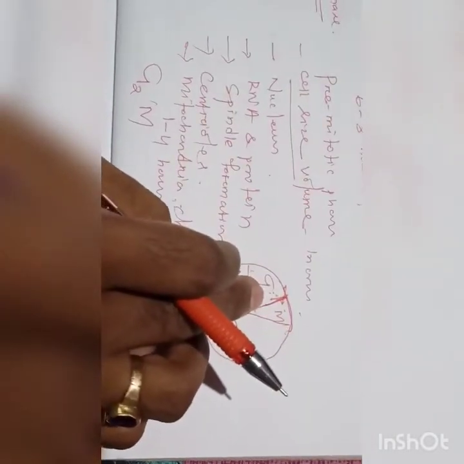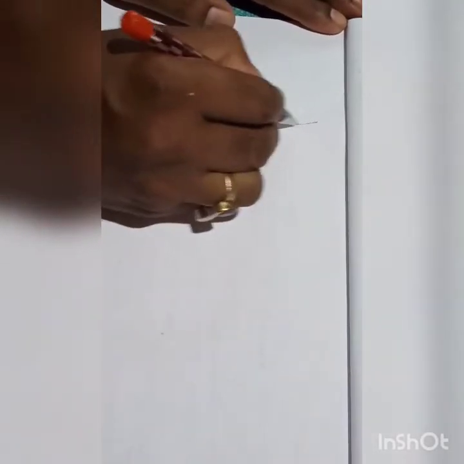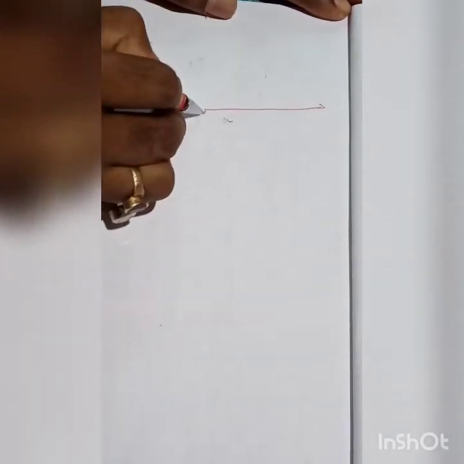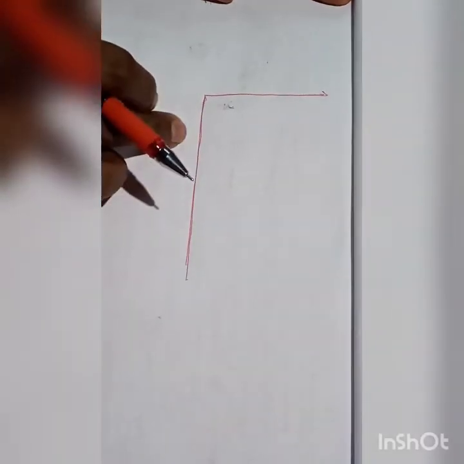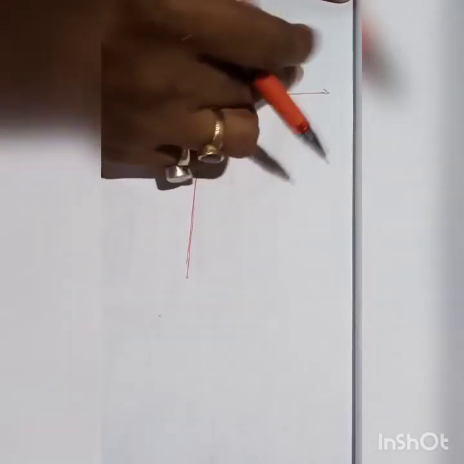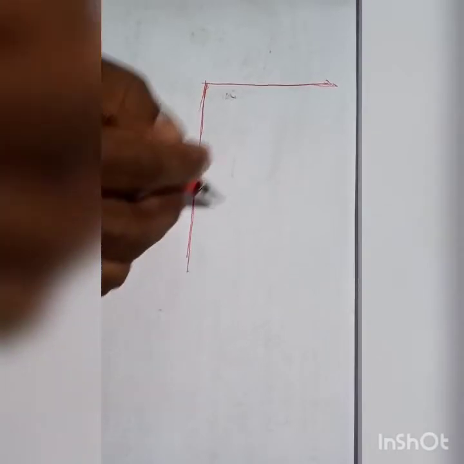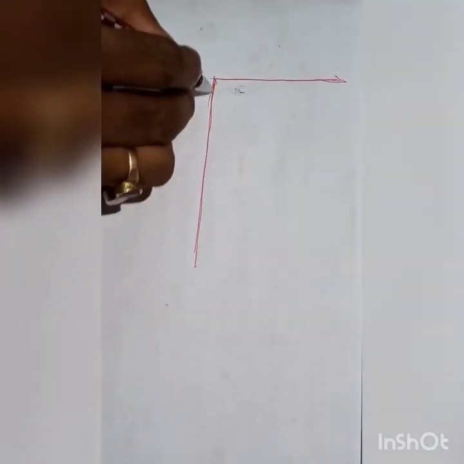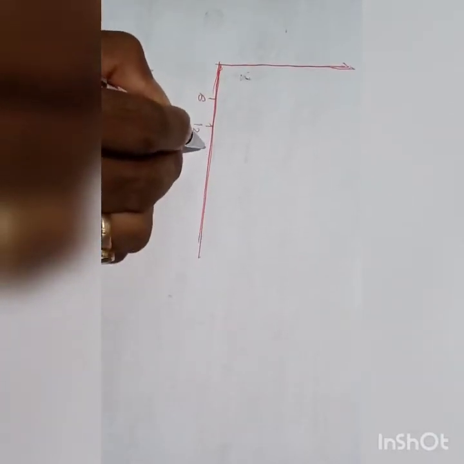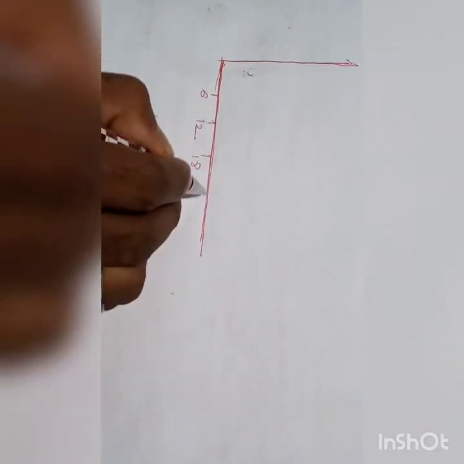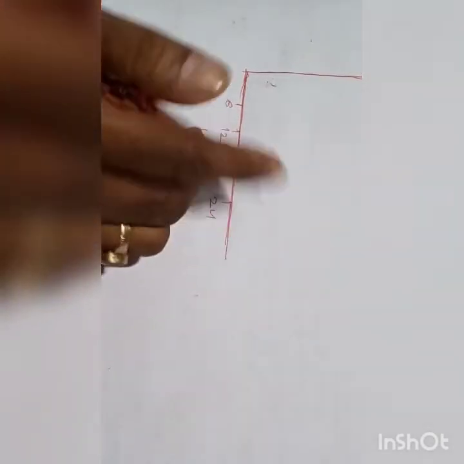We can graphically represent the different phases of cell cycle by taking two parameters, that is the duration of different phases and the amount of DNA. So this is the x-axis, where we take the time in hours, 6, 12, 18, 24, and the y-axis is the amount of DNA.